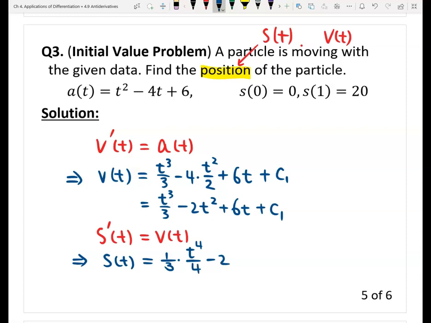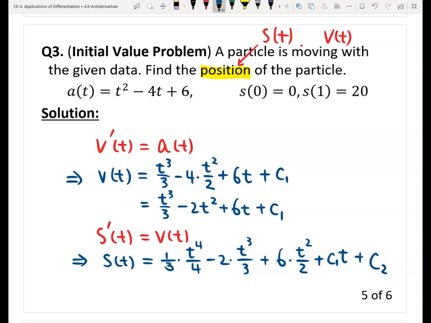And then minus 2 times, increase the power by 1, so 3, over the new power 3, plus 6 times, increase the power, so goes to 2, over the new power. Can you see? And c1 is a constant, so we have c1 times t, right? This is the antiderivative. Don't miss, we have to plus c2, the second constant number.